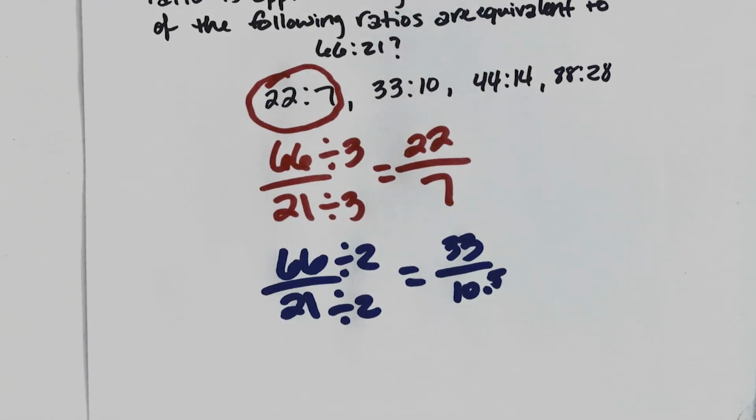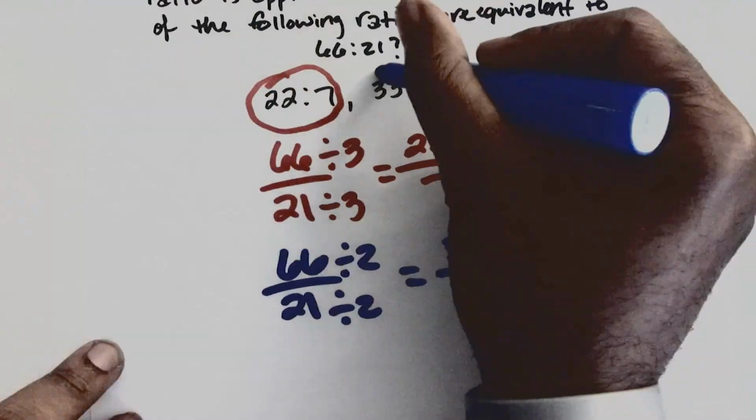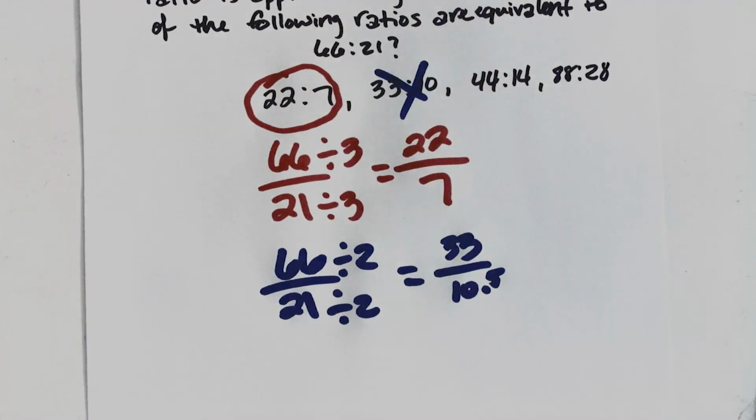So is that equivalent to 33 to 10? It's close, but you're right, it is not. So 33 to 10 is not equivalent to 66 to 21. I want you to try the other two yourself, and we will check them. Remember, since we discovered that 22 to 7 is equivalent, we can use that to help us.